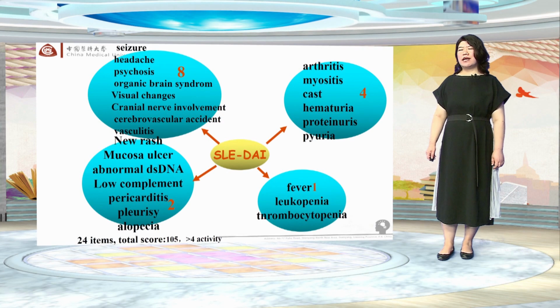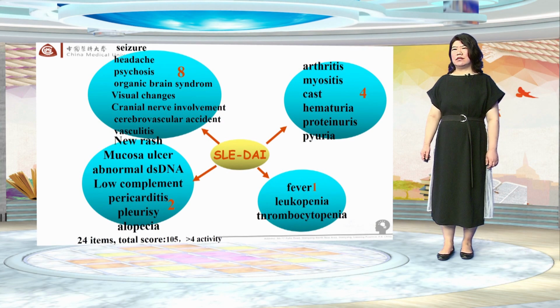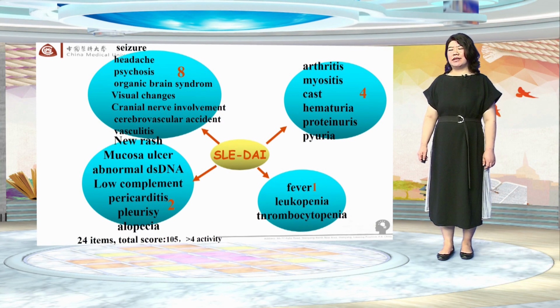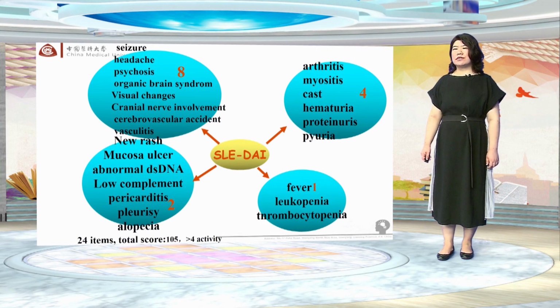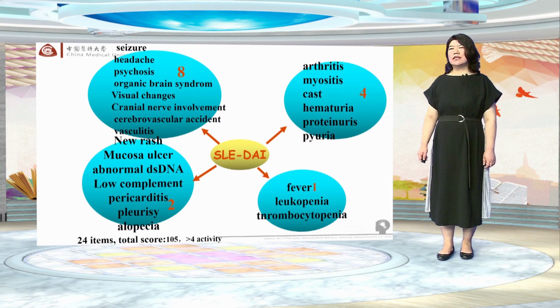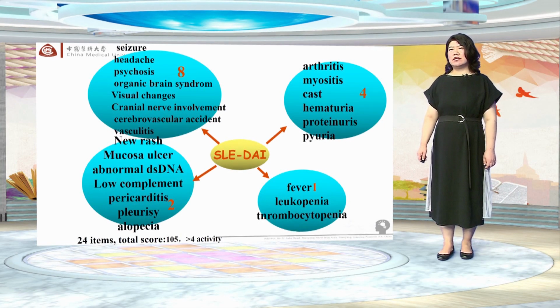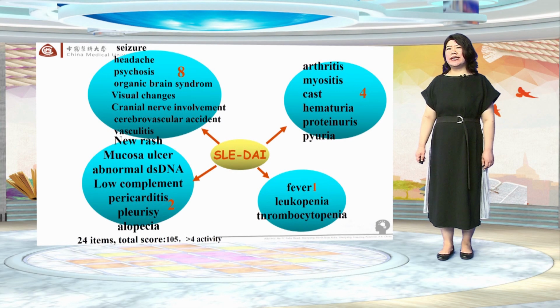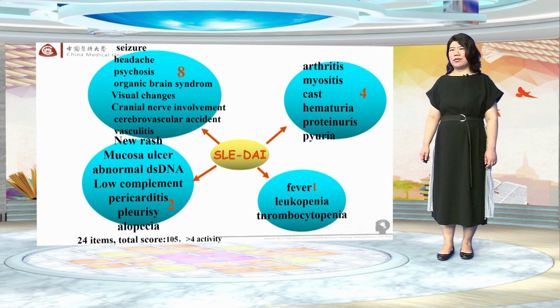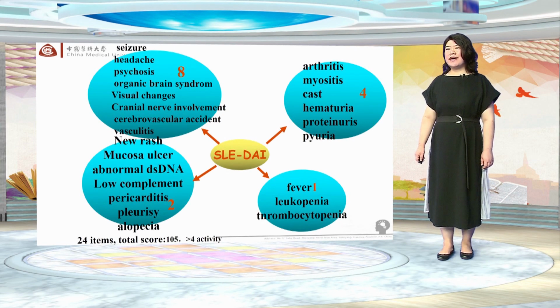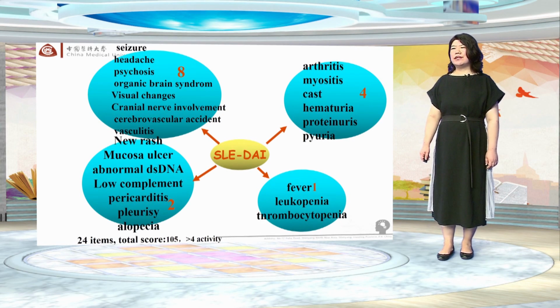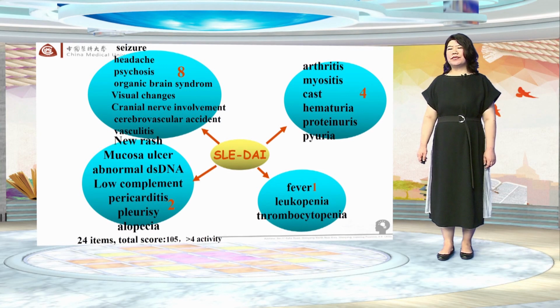We can see the SLEDAI can be divided into 4 groups. In each group, we get different scores: 8 points, 4 points, 2 points, and 1 point. The highest score, 8 points, is usually associated with NPSLE, the central nervous system syndromes of lupus. The 4 points are usually associated with lupus nephritis, such as hematuria, proteinuria, and casts.